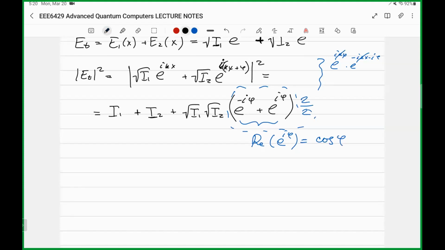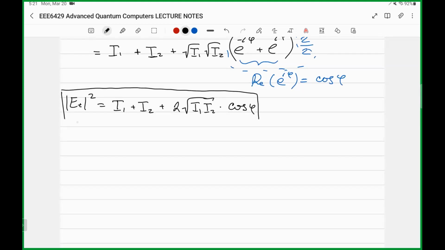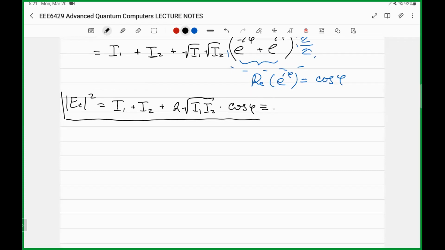Right? So I conclude that the absolute value squared of the total field is equal to I1 plus I2 plus 2 square root of I1 I2 times cosine phi. Very good. And this is nothing but the intensity of the total field.